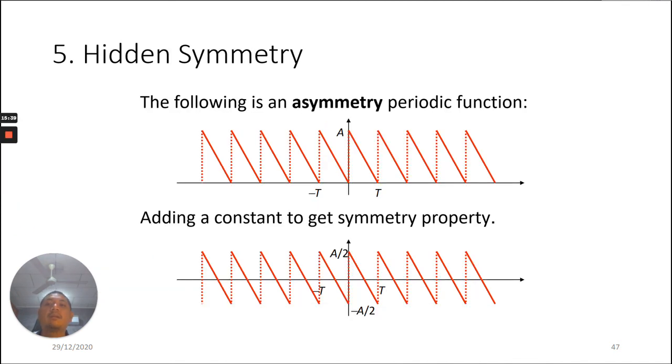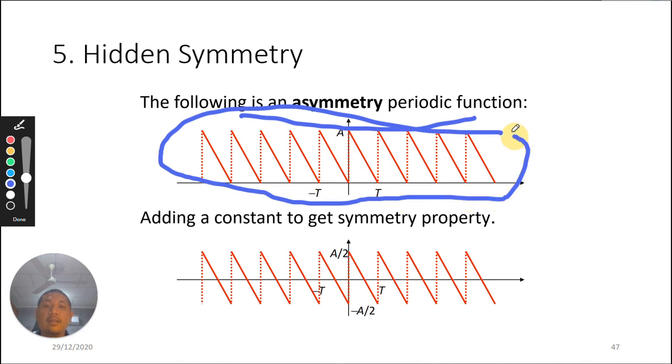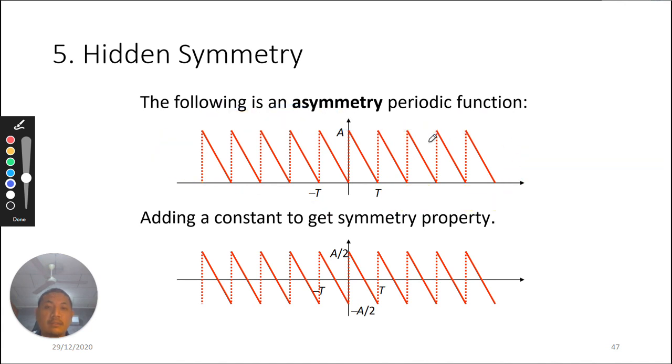And then finally, hidden symmetry. So this is an example of hidden symmetry. Straight away, this is definitely not a symmetrical signal. All right. However, if we do some modification on the waveform, then we can make it a symmetrical signal.